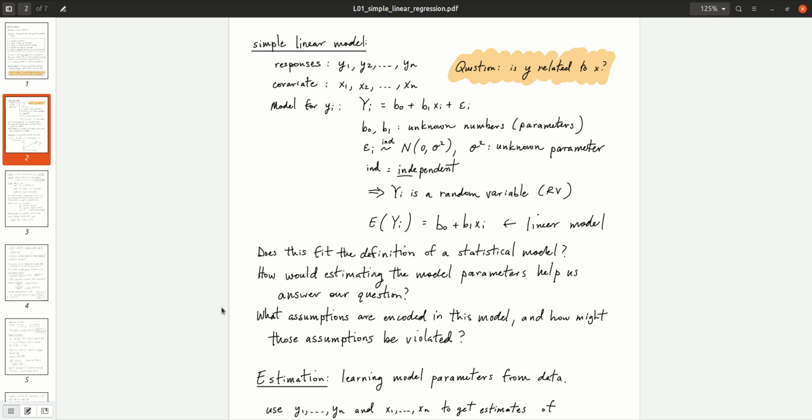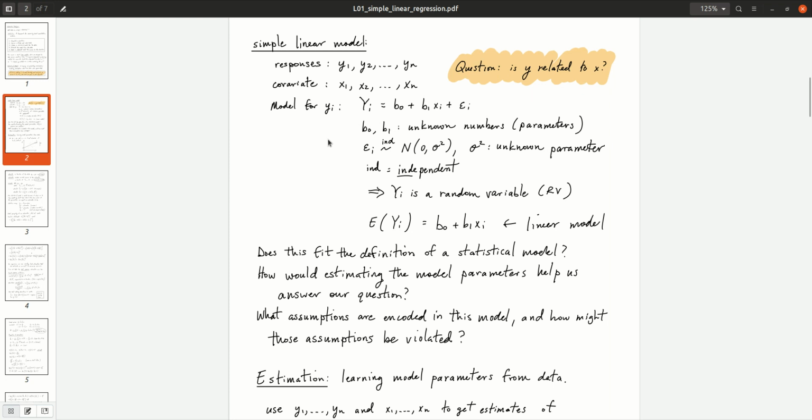And then our model for the data, little yi, we'll write as capital Yi equals b0 plus b1 xi plus epsilon i. Now, as I said a minute ago, one reason for picking such a model is we're interested in answering the question, is y related to x?